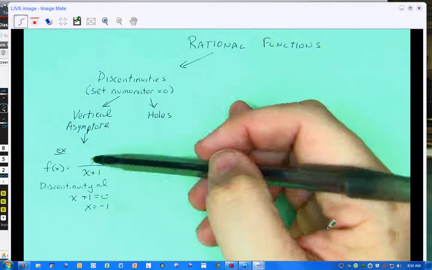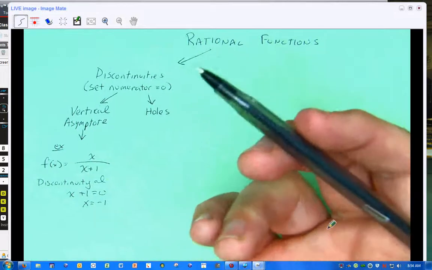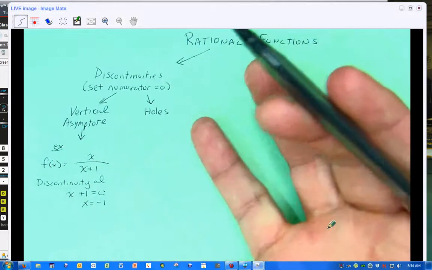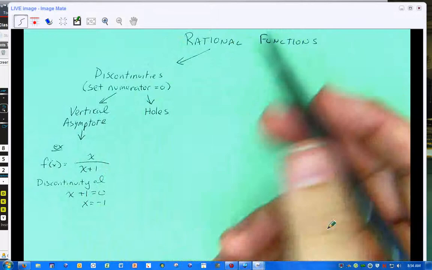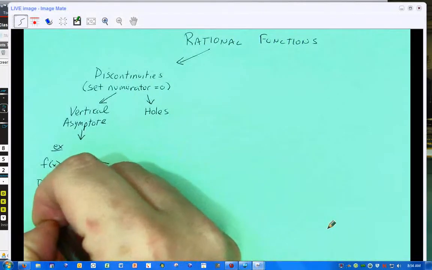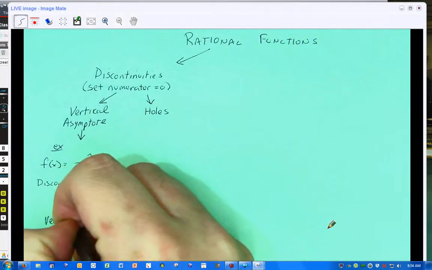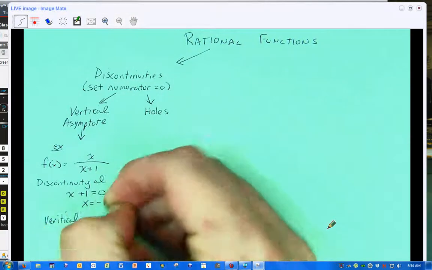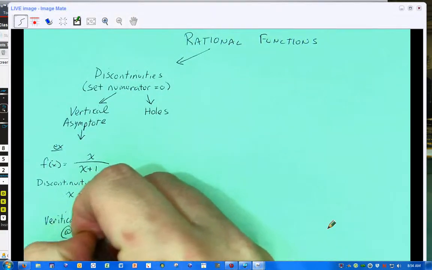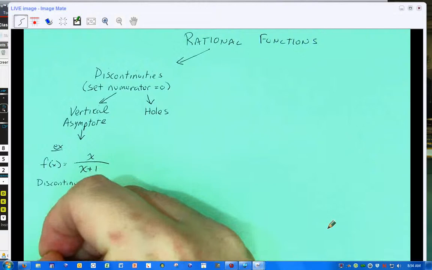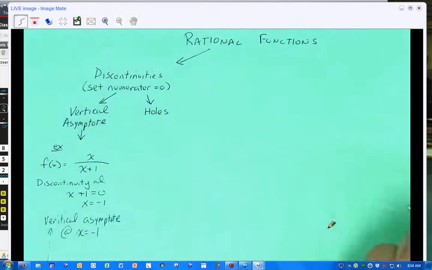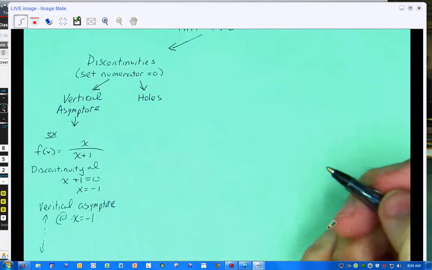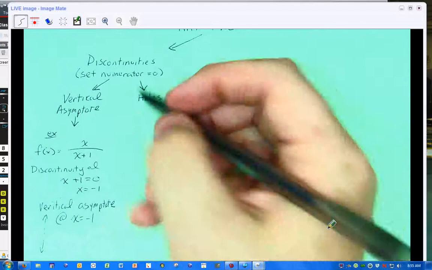The x plus 1 is the only thing that's going to make this undefined. We're actually going to get a vertical asymptote at x equals negative 1, so we'd end up drawing a dotted or dashed line at x equals negative 1.